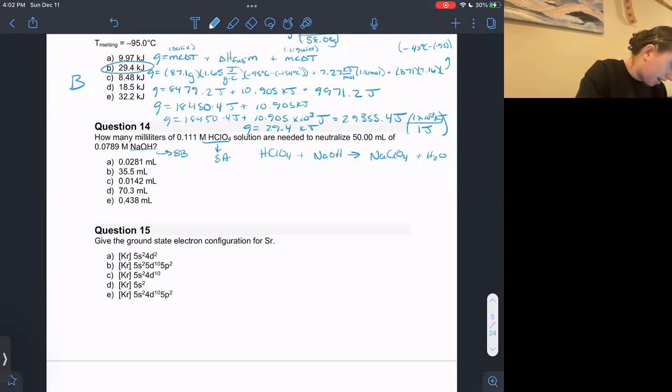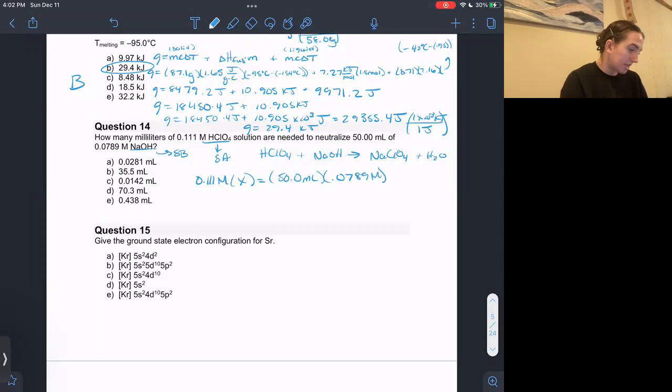So I know that I have 0.111 molar, and I don't know what volume I have of that, but I know that I have 50.0 mils of 0.0789 molar. Since it's a 1-to-1 ratio, my concentration of acid is going to be higher than my concentration of base.